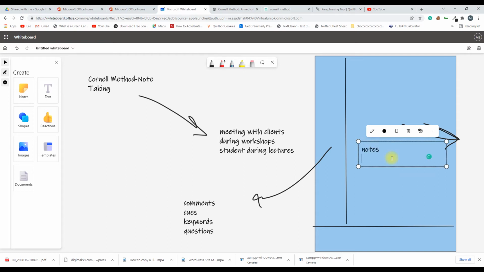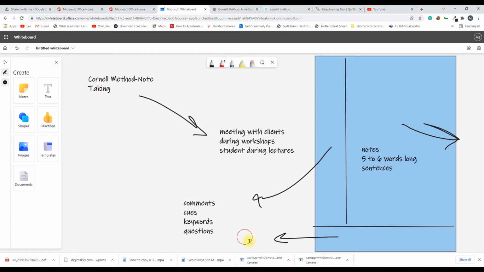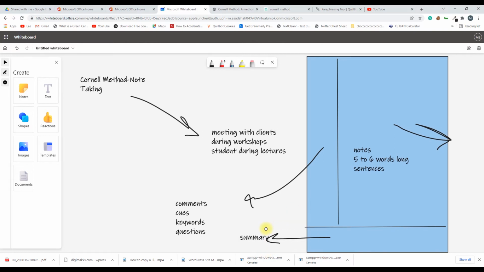But an important thing to keep in mind when writing notes is that the notes should be not more than 5 to 6 words long. And the bottom section, which should be almost 10 centimeters wide, is where we write the summary of the notes that we have taken.